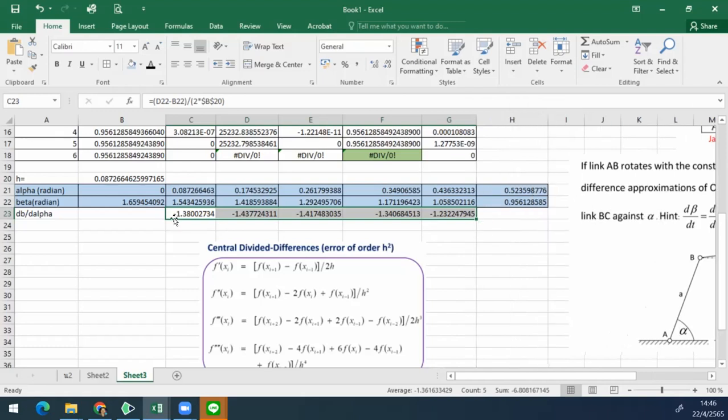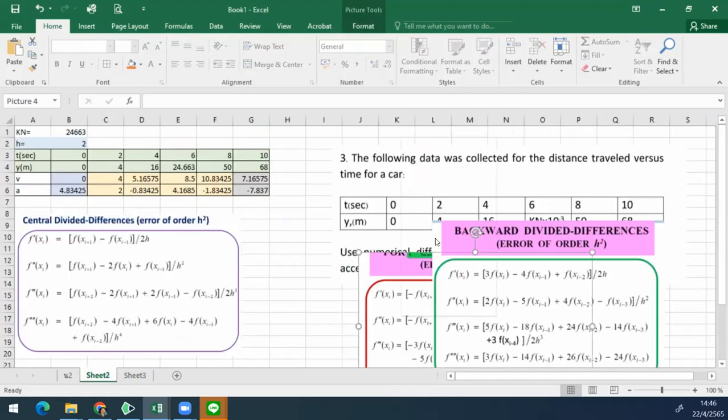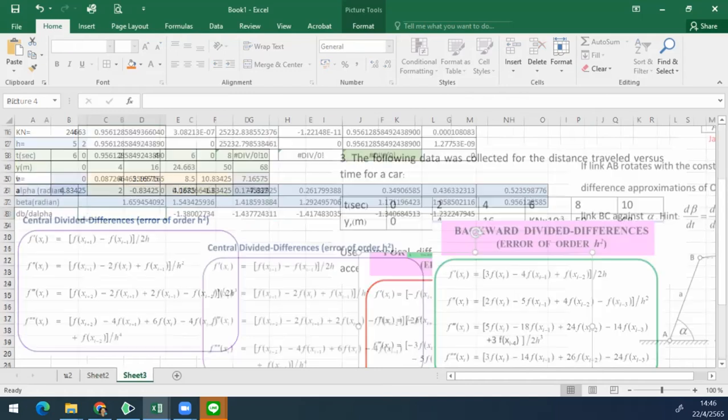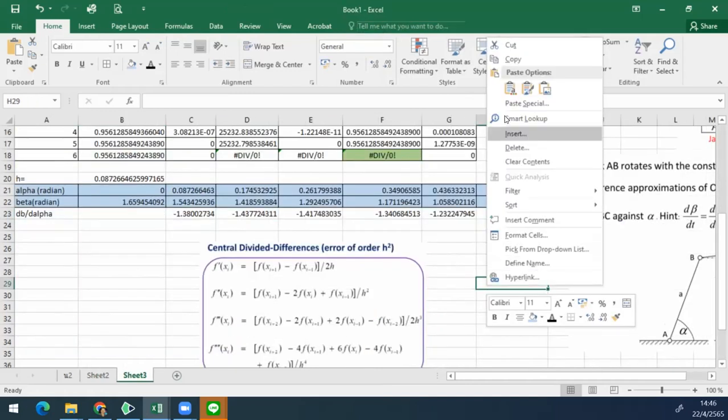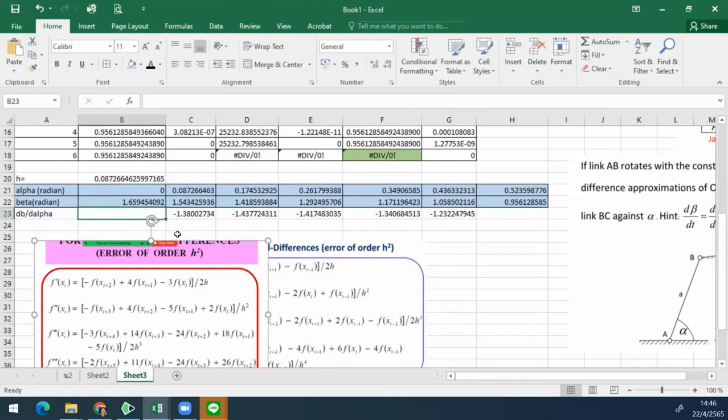And then for the first data, we have to use the forward difference. That is maybe this formula, right? It should be equal to what?